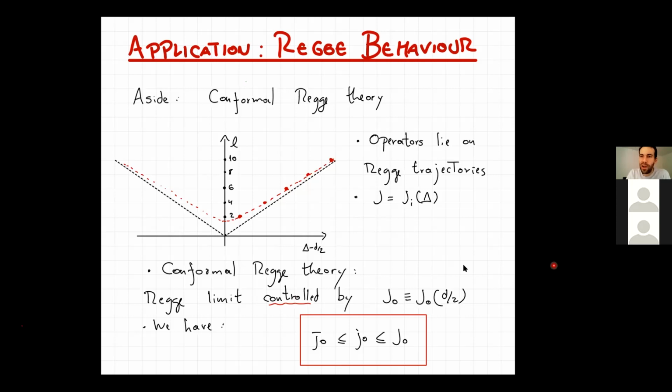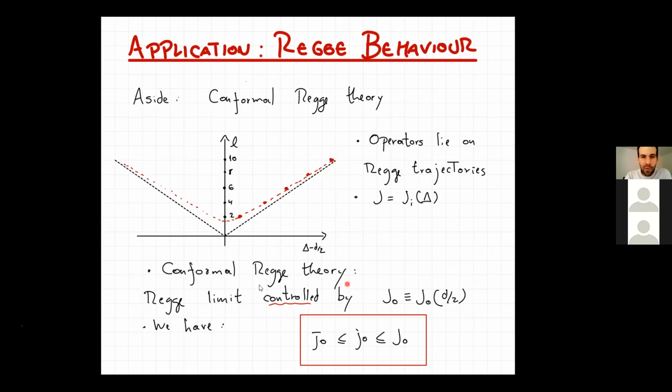It means that there's some function which is analytic in spin, and the operators will lie along those functions. So here's an example. The physical CFT operators are the red dots, but actually there's some analytic function that links them. Let me call those functions the Regge trajectories J_i of delta. There are many of them. Here I only drew one of them.